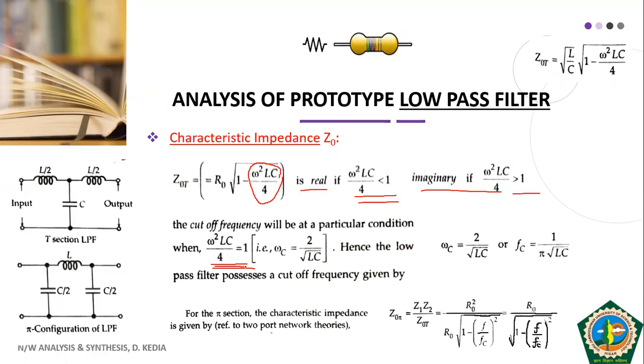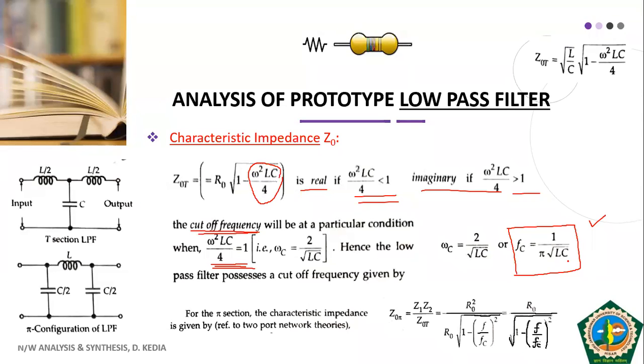And what is that parameter which distinguishes your pass band and stop band? That is nothing but your cutoff frequency. That means if omega square LC by 4 equal to 1, that will give us cutoff frequency. And the cutoff frequency for your prototype low pass filter will be 1 by pi under the root LC.